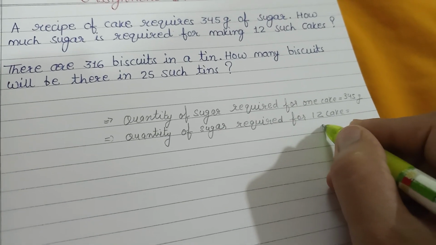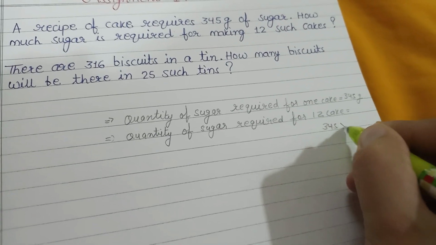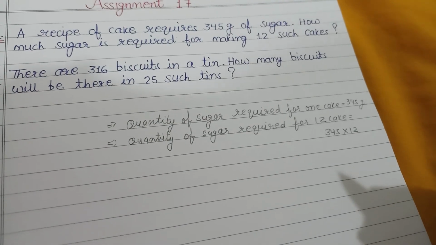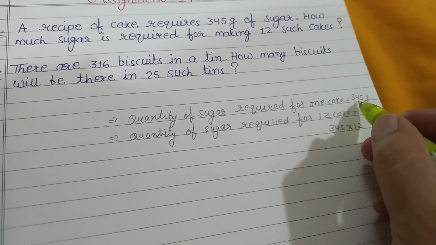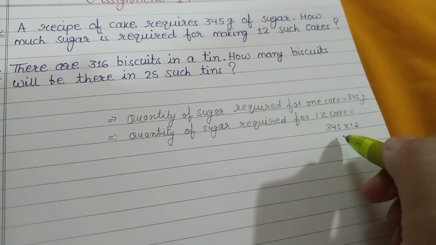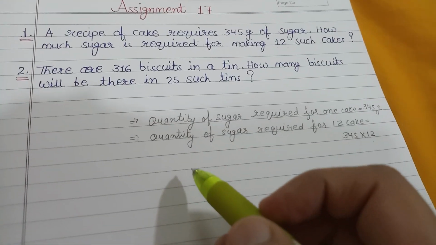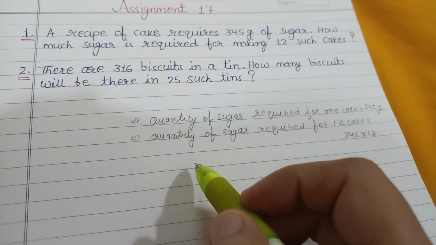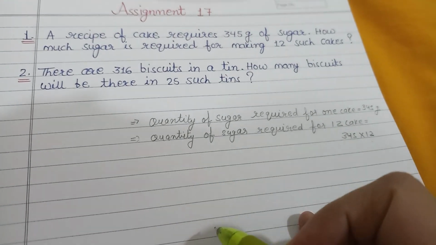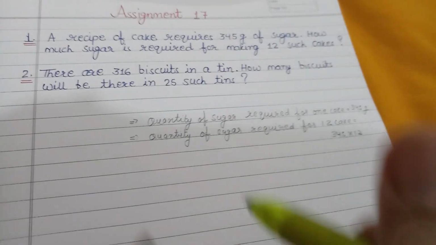So what you will do? 345 multiplied by 12. We know that in one cake we require 345 grams. So for 12 cakes we will do multiplication. After that you will multiply in the working note separately, then write your answer.